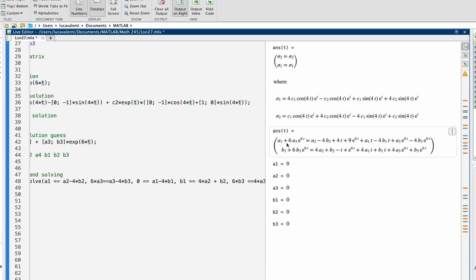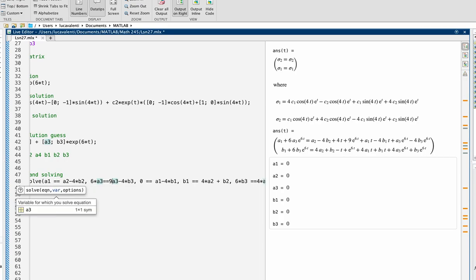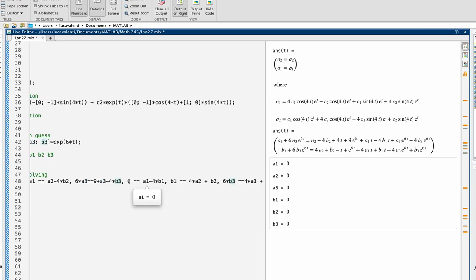So we have A1 is equal to A2 minus 4B2. The one that has e to the 6t is going to be this one, and there should be a 9. So 9 plus A3 minus 4B3. That makes sense.